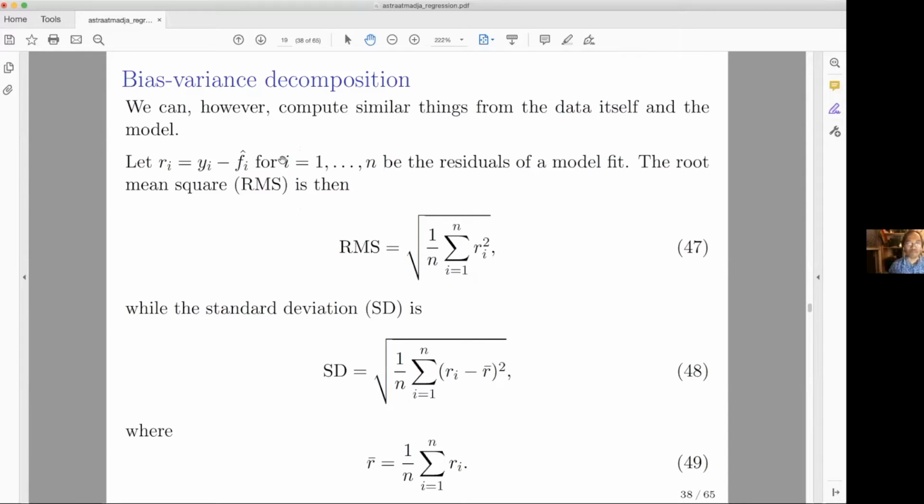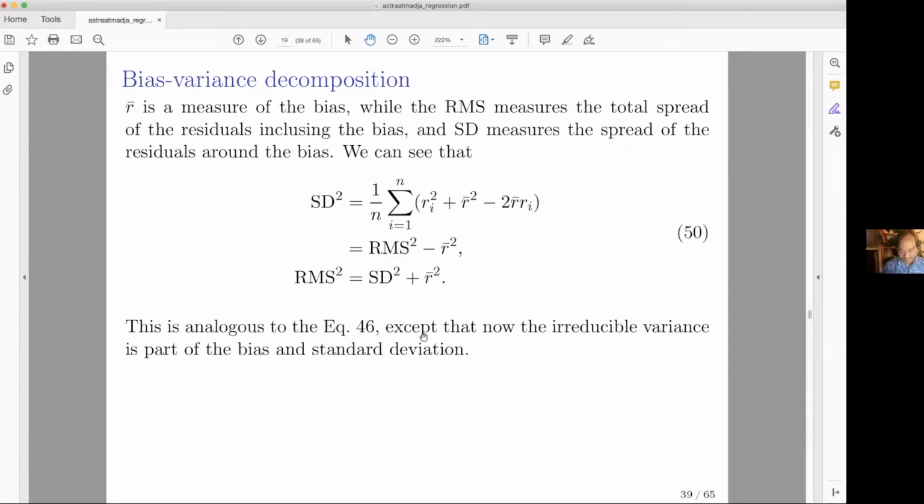So we can calculate the root mean square of the residuals. We can calculate the standard deviation of the residuals. And then we can calculate the mean of the residuals. This is quite similar to before, but now this is all in terms of the data itself.